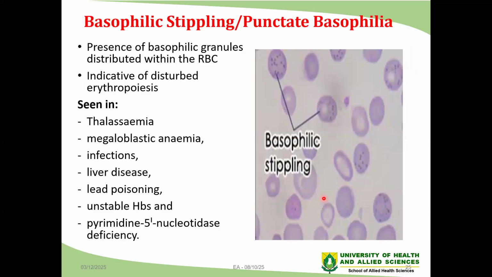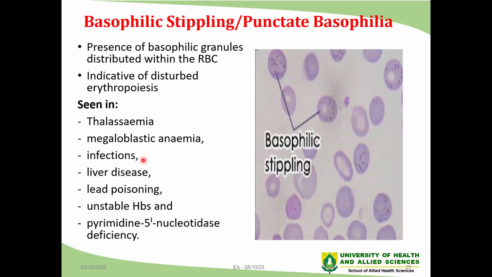Then I did mention basophilic stippling earlier on. That is also called punctate basophilia. Here you have some basophilic granules within the red cell. When you see them, it tells you that there's something wrong with the process of red cell production and it has to be investigated.